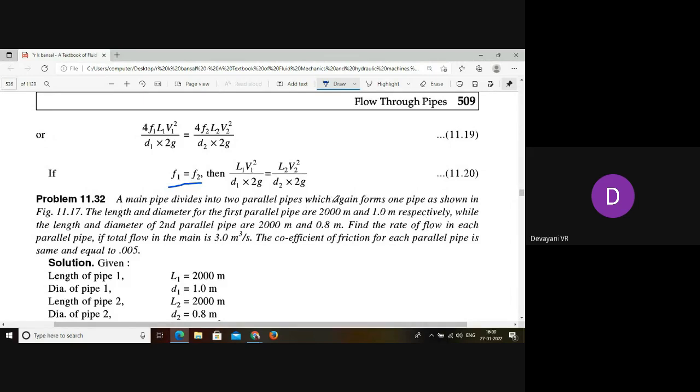Then for the second one, the length is 2000 meters and diameter 0.8 meter. So pipe diameter change అయింది. Find the rate of flow in each parallel pipe. అంటే Q1 కనుక్కోవాలి and Q2 కనుక్కోవాలి. If total flow in the main is 3 meter cube per second, అంటే total discharge Q value ఇచ్చేసాడు.